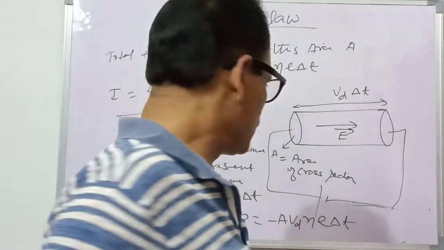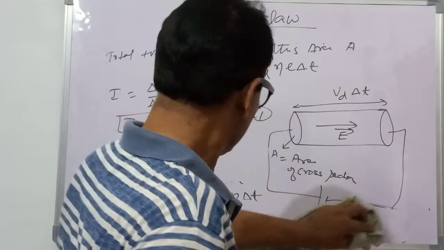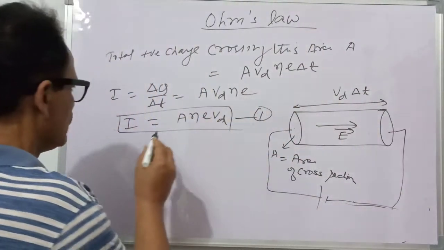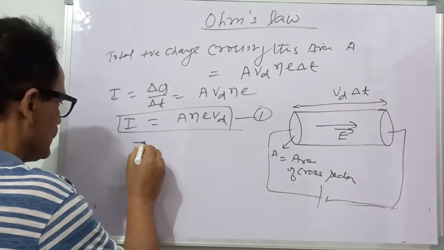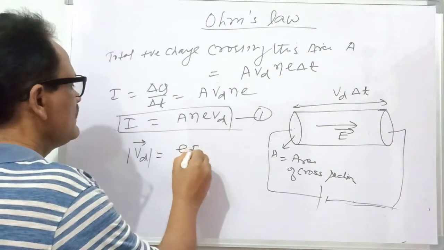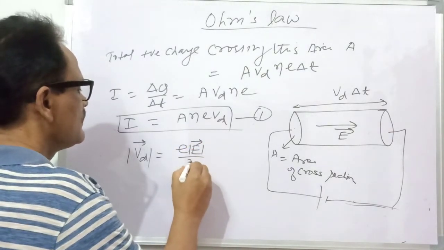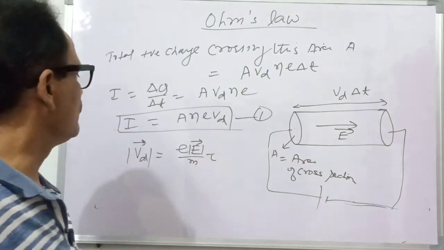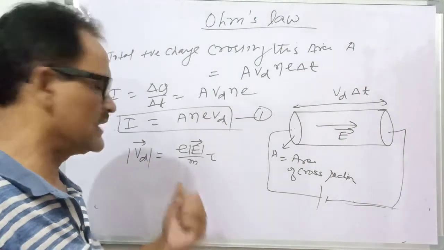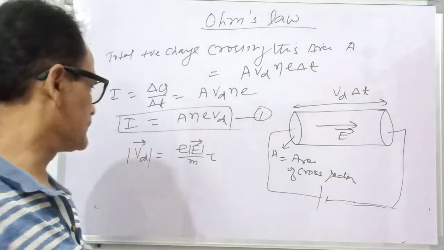Now suppose this equation is the first equation, and we know that the drift velocity, taking the magnitude only, is equal to eE by m tau, where all terms are known to you. e is the charge of electron, m is the mass of the electron, E is the electric field, and tau is the relaxation time.